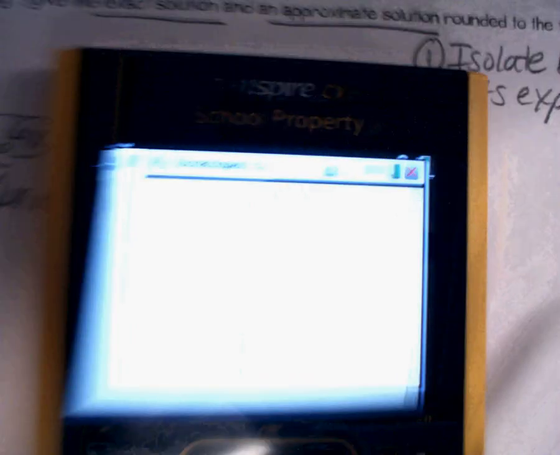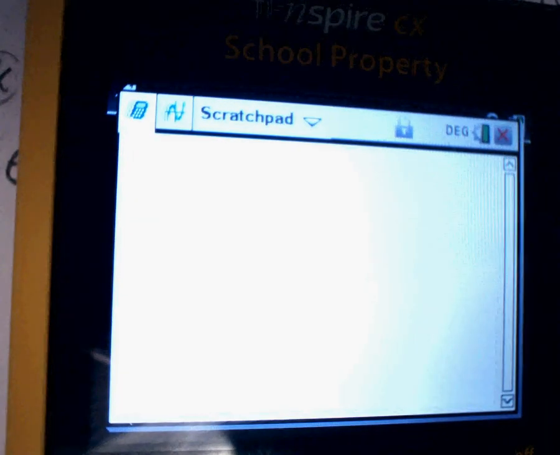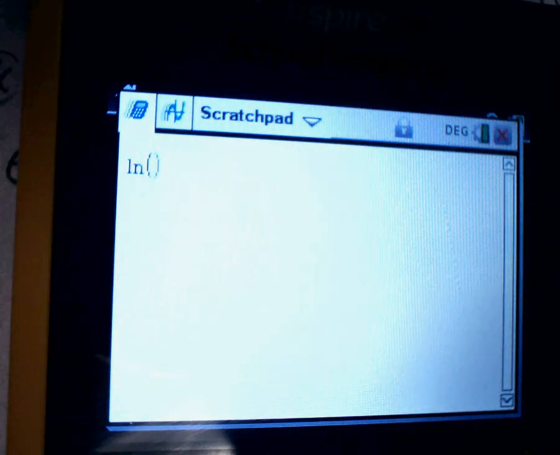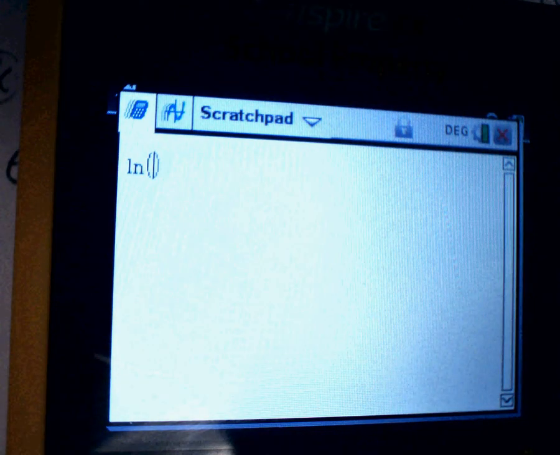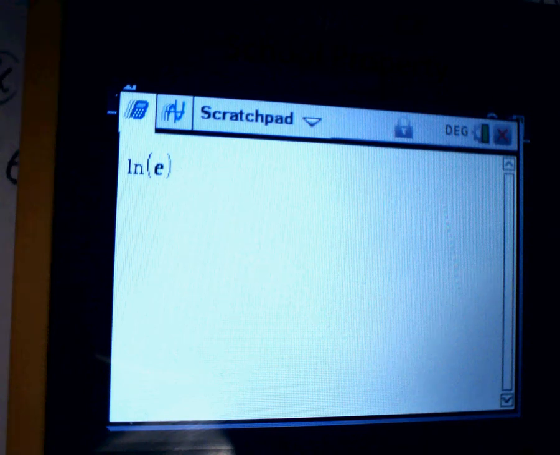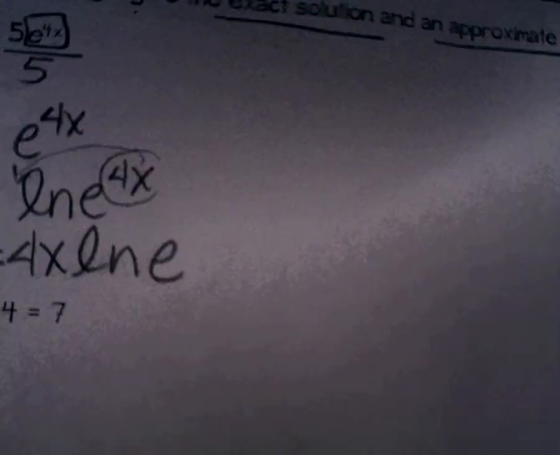What I'm going to show you is that ln e is something very basic, actually. If I type in ln e, it is 1.